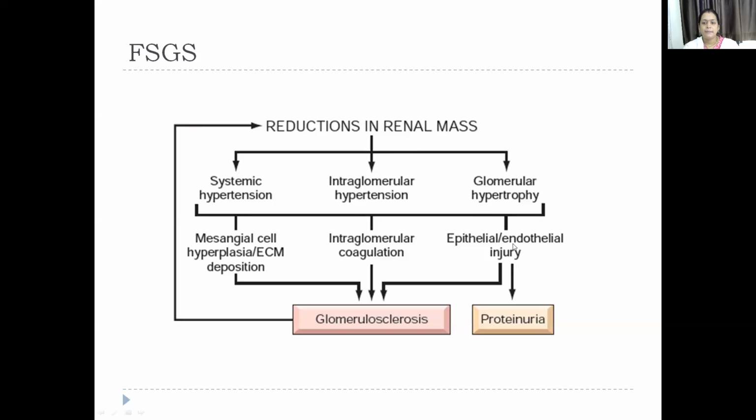Then there will be epithelial and endothelial injury that will cause plasma protein leak. Then the intraglomerular coagulation that will happen will lead to glomerular sclerosis. Additionally, mesangial cell hyperplasia and extracellular matrix deposition happen. Finally, all these factors will cause a reduction in the renal mass. The other one which I told you is tubulointerstitial injury.